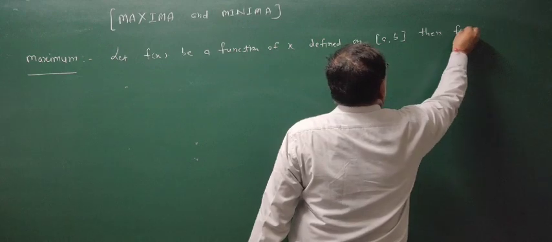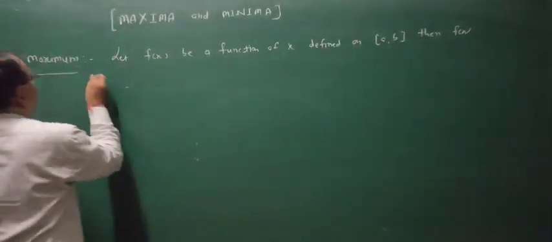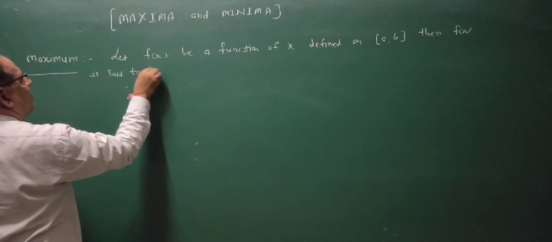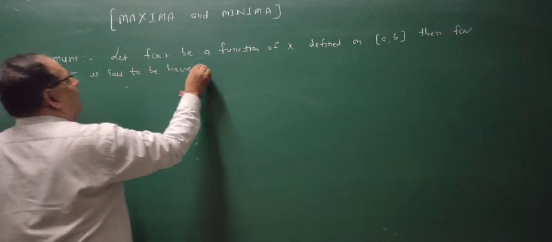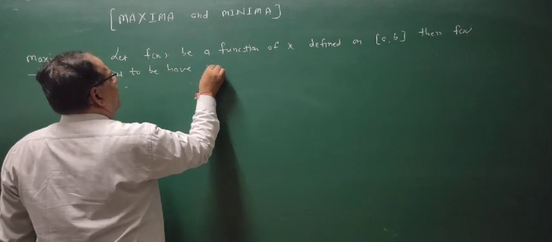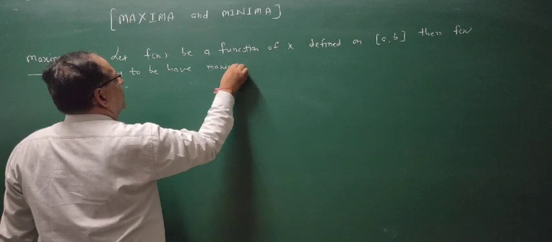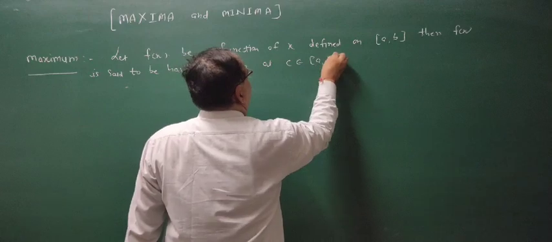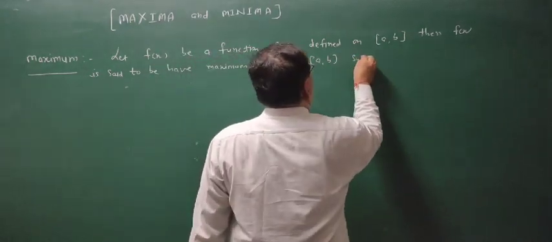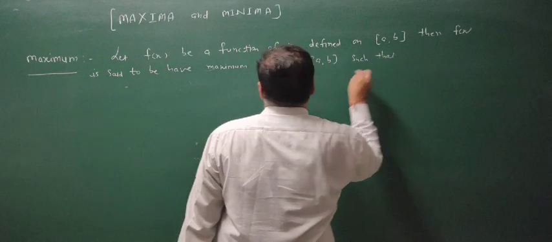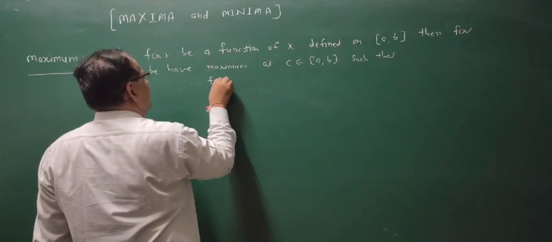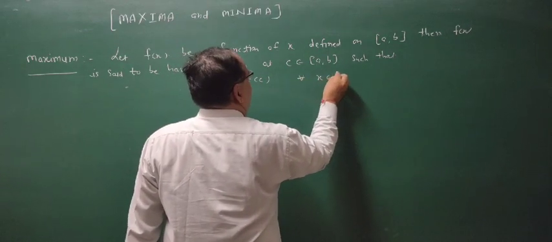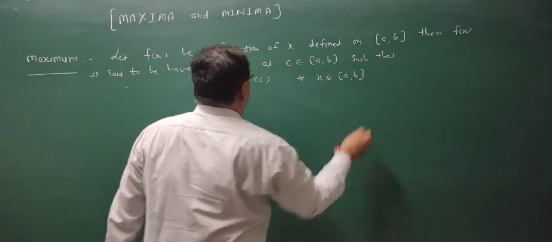Then f(x) is said to have maximum at c belongs to [a, b] such that f(x) is less than or equal to f(c) for every x belongs to closed interval [a, b].